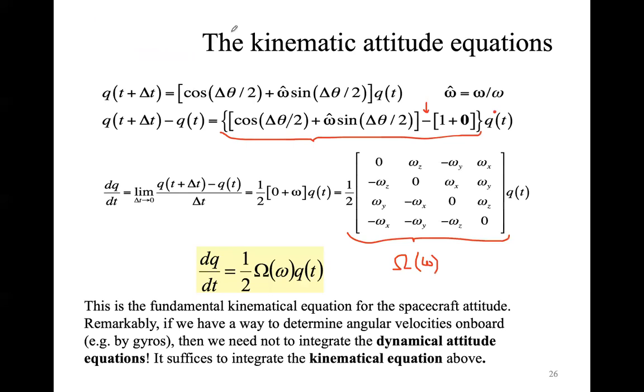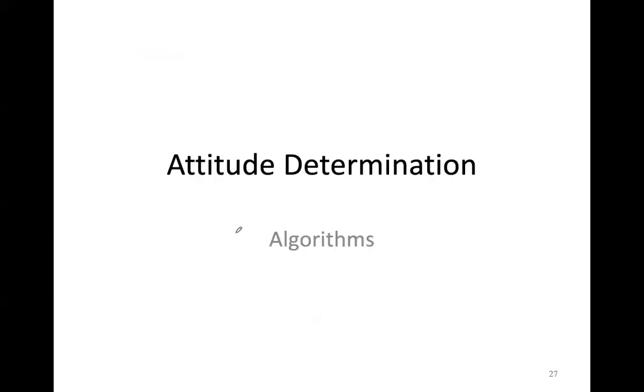So my question for you would be, at that epoch, what was the method that was used to determine the attitude of the spacecraft? Do you think it was based on this complicated integration of the attitude equation, or was it a simpler approach?